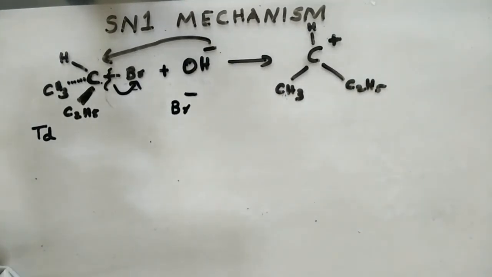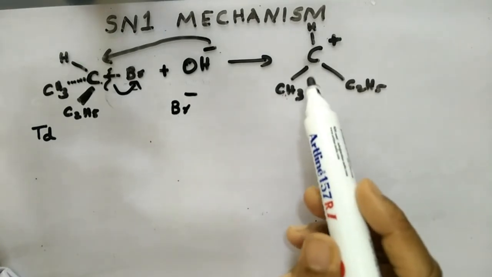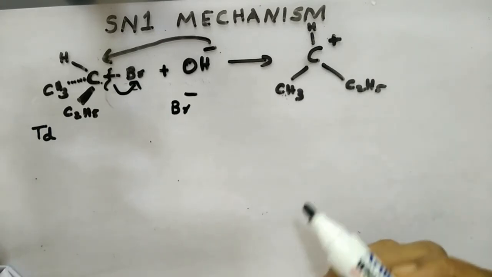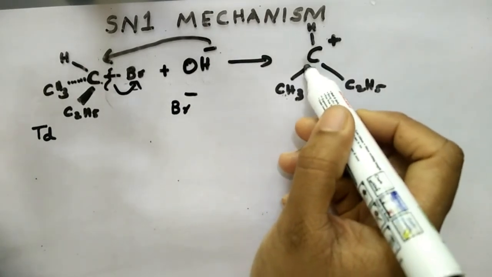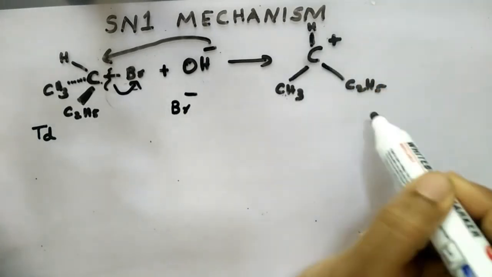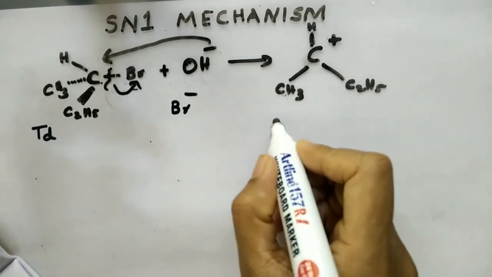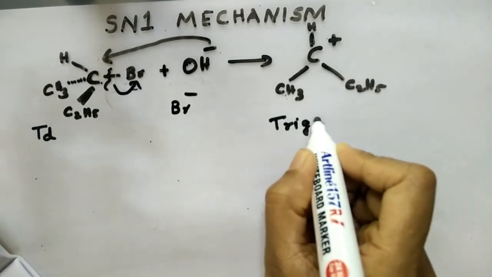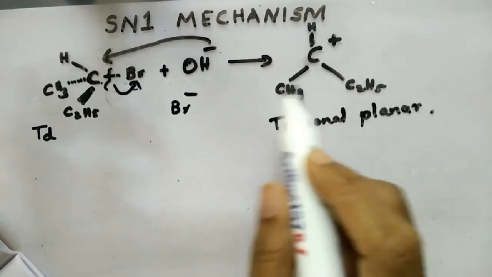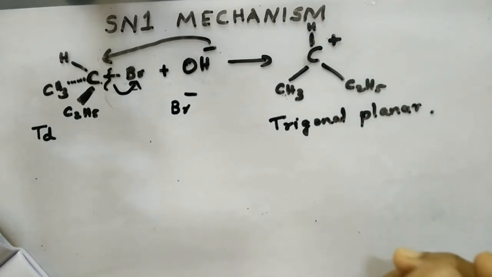When bromide, Br minus, is eliminated from the substrate, all the substituents rearrange their positions and the geometry of the compound changes to trigonal planar. I have drawn only straight lines here. That means all these substituents are lying in the same plane. So you are getting a trigonal planar configuration. That means the carbocation has a trigonal planar shape.